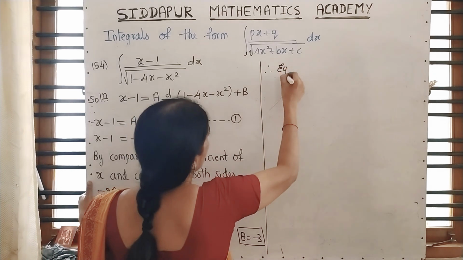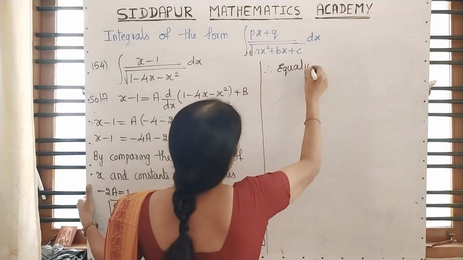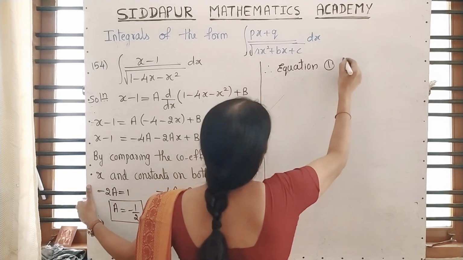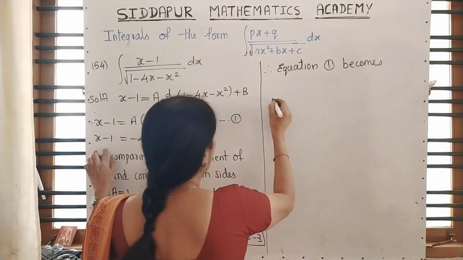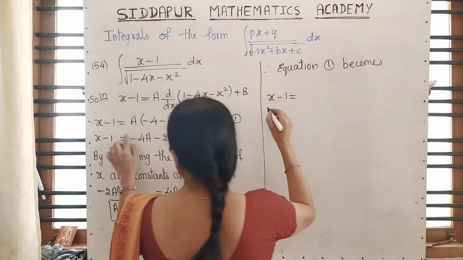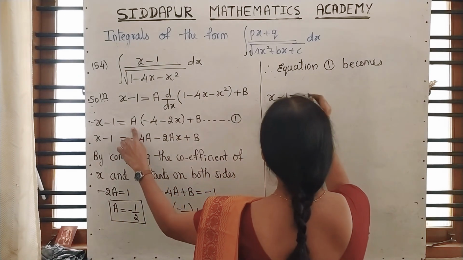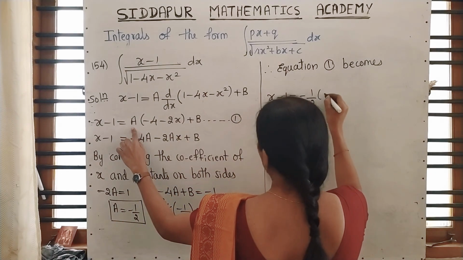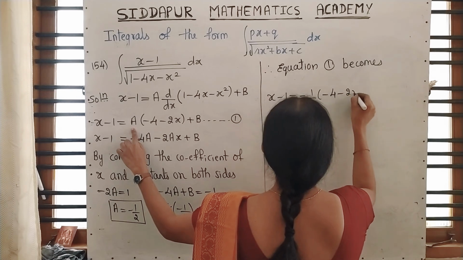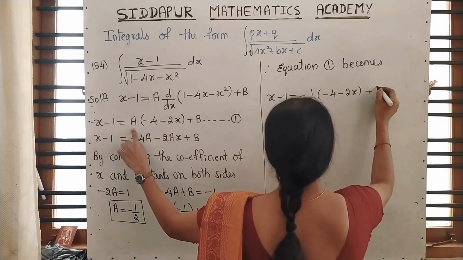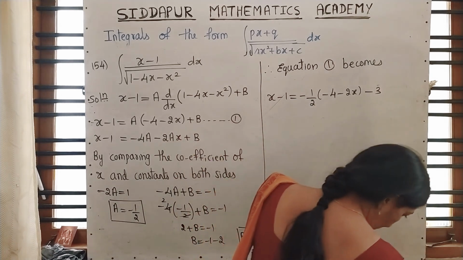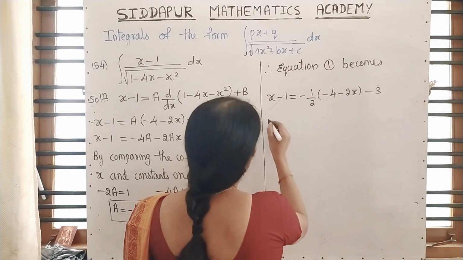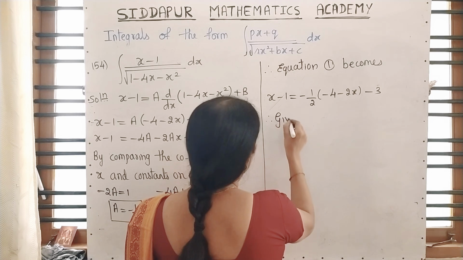Therefore, equation 1 becomes x minus 1 is equal to a. A value is minus 1 by 2 into minus 4 minus 2x, plus b is minus 3. Plus into minus is minus 3.